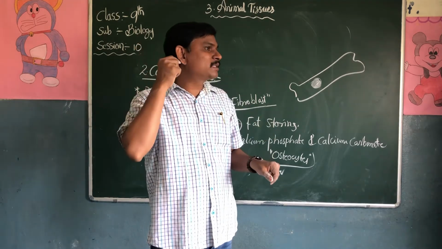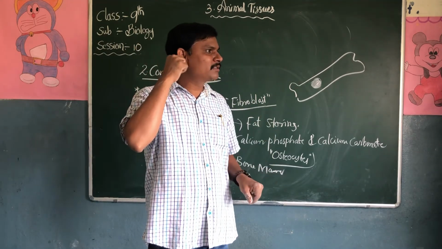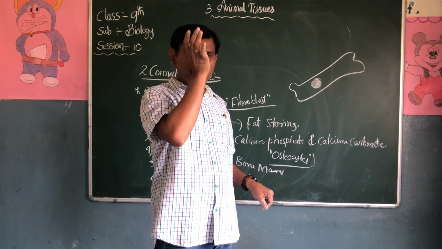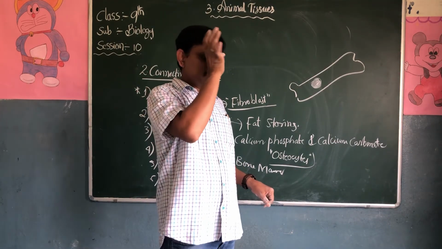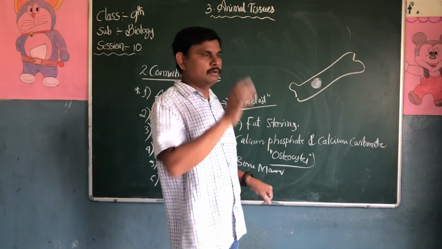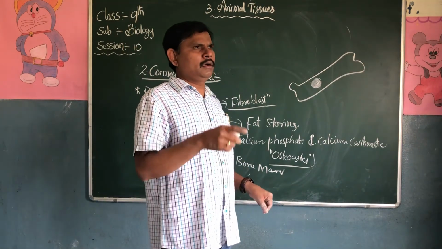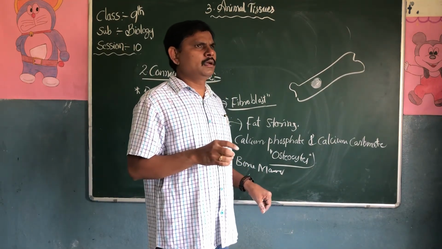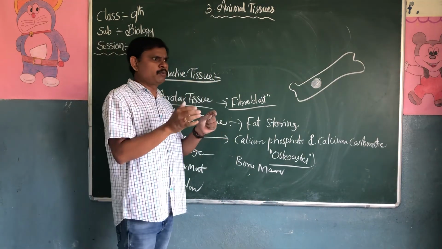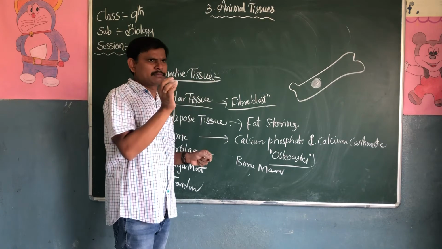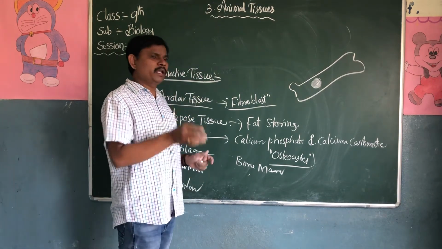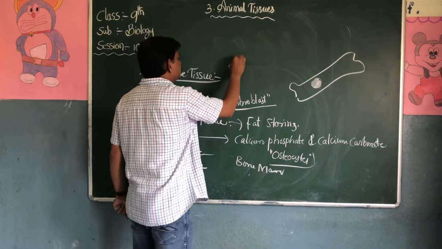But cartilage is present in the outer lining of the ears, in the nose, in the urinary tract, and in the esophagus you can see a little amount of cartilage. It is also found where one bone is connected to another bone as small smooth cartilage.